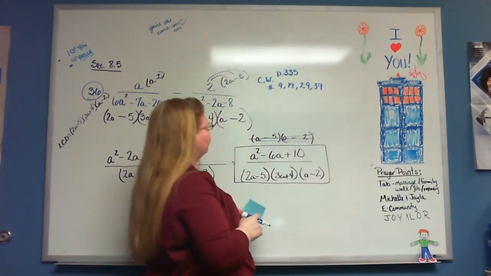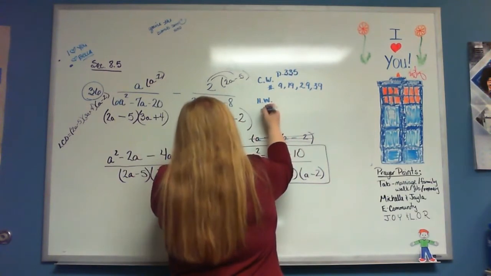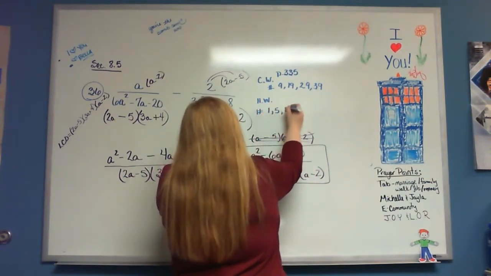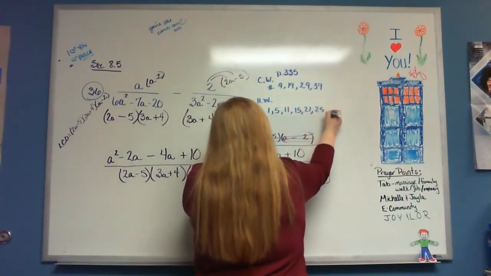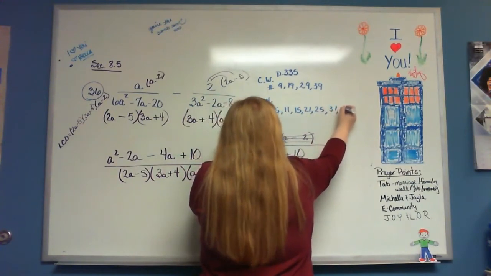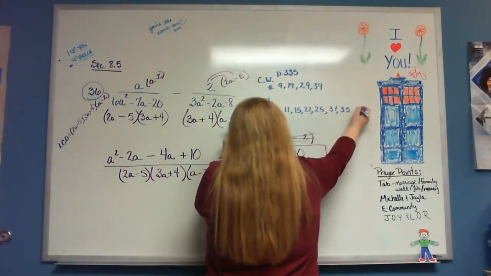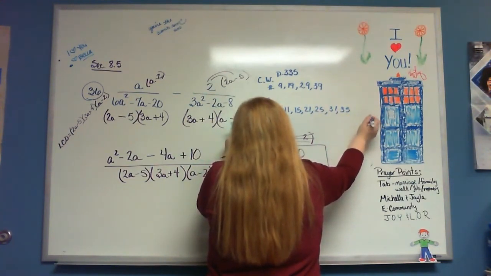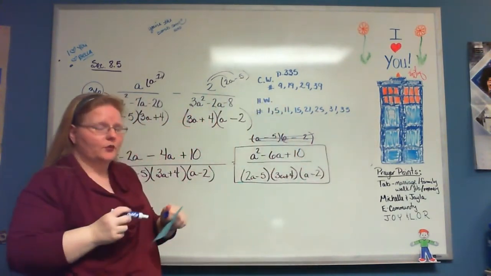It's right there. Homework: numbers 1, 5, 11, 15, 21, 25, 31, 35. And I'll leave it there. Could keep going, but I'll leave it there.